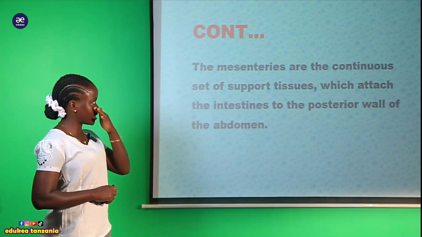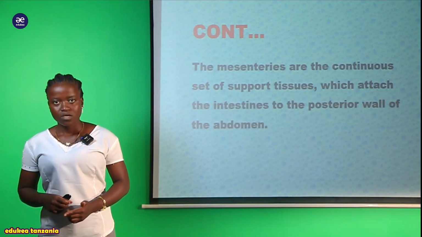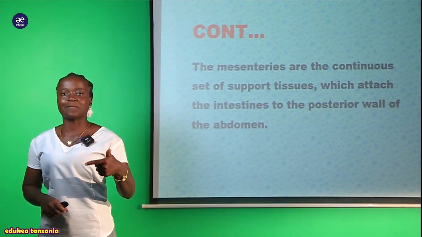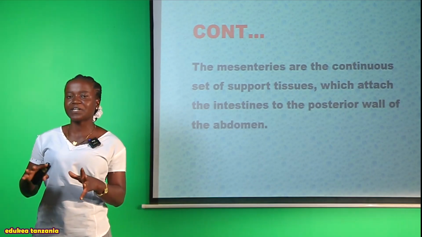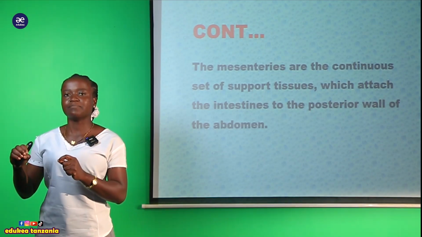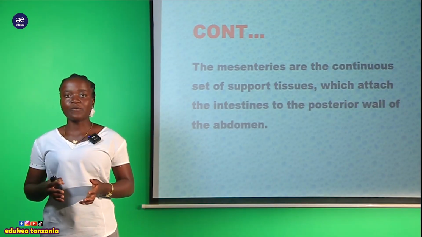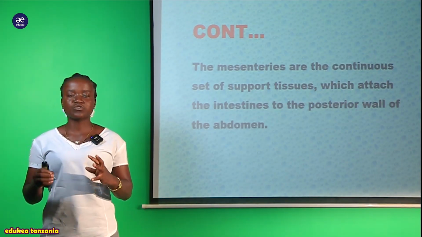So here we have seen that the mesentery is a continuous set of support tissue. This mesentery is supporting tissue. Inasaidia zile kind of lymphatic system or kind of blood vessels. Remember, within the blood vessels, different kinds of content are found there. There is nutrient.